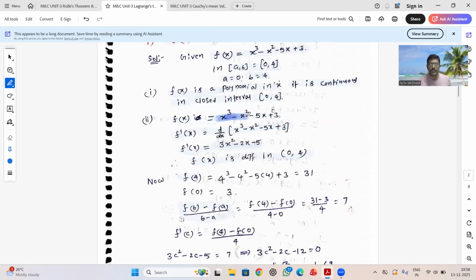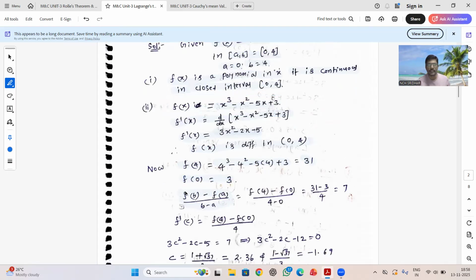So 4 cube minus 4 square minus 5 into 4 plus 3. That is what I wrote here. While calculating, it is 31. And f of 0: put x equal to 0 in f of x, then we get 3.